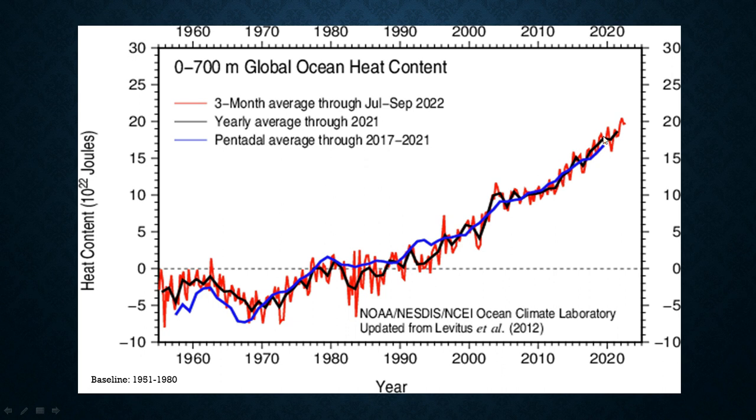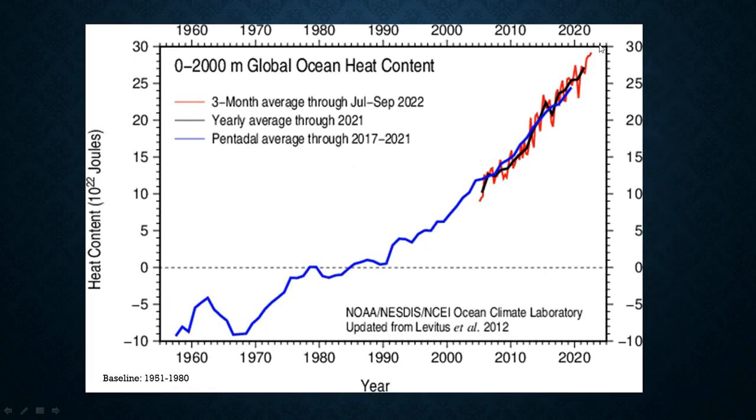If we take the black line here and go across, that looks like about 18 times 10 to the 22 joules, where overall, up here, it looks like about 27 times 10 to the 22 joules.